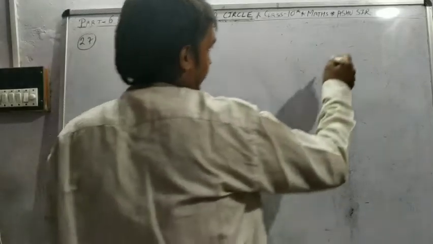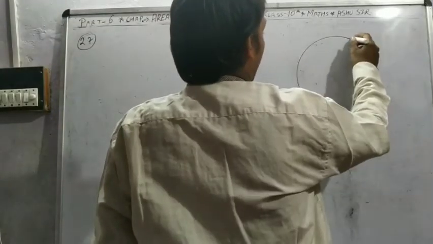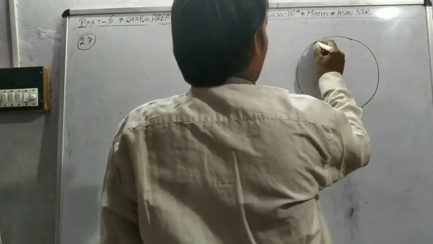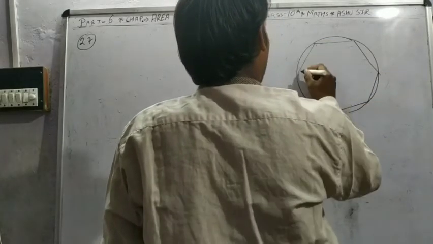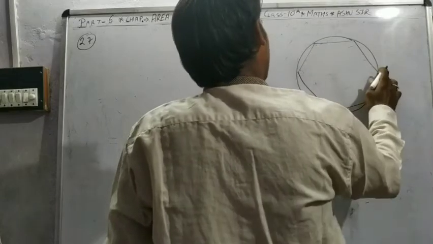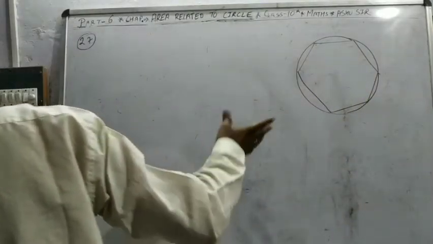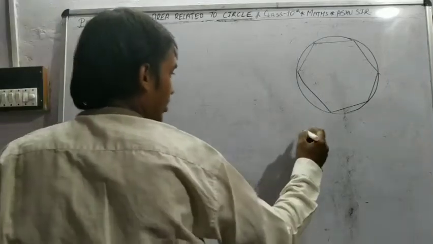Let's see one more question. A round table cover has 6 equal designs as shown in the figure. If the radius of the cover is 35 centimeter, find the cost of making the design at the rate of 8.42 per centimeter square. 6 equal designs. The figure is not equal, but understand.